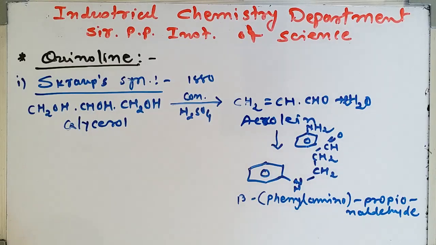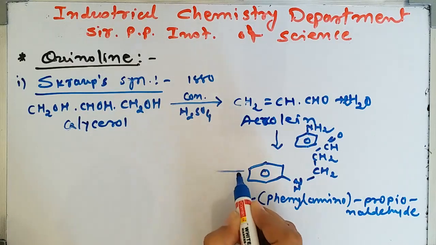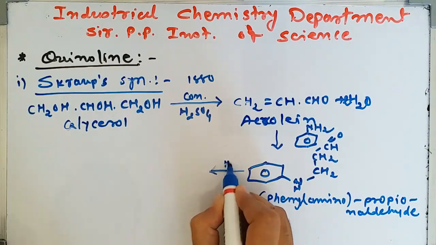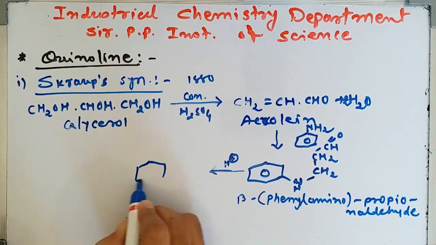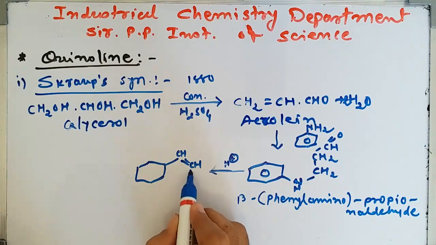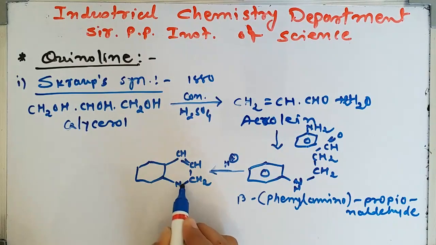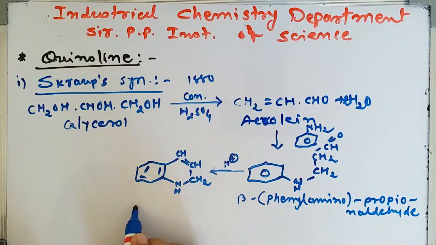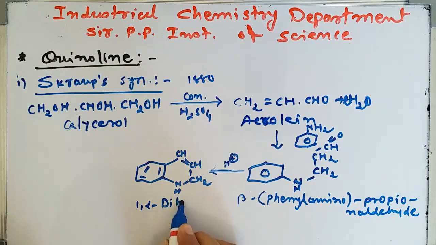So cyclization takes place, and we get 1,2-dihydroquinoline after dehydration of the secondary alcohol.